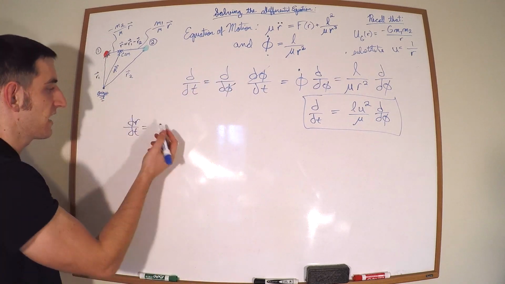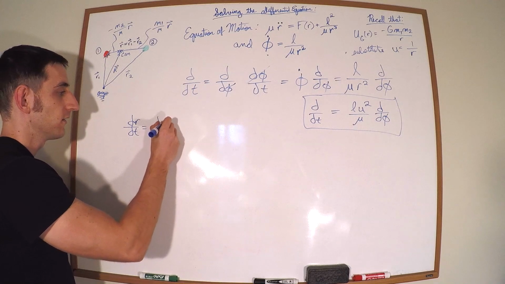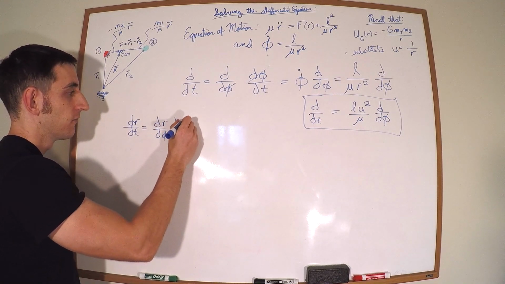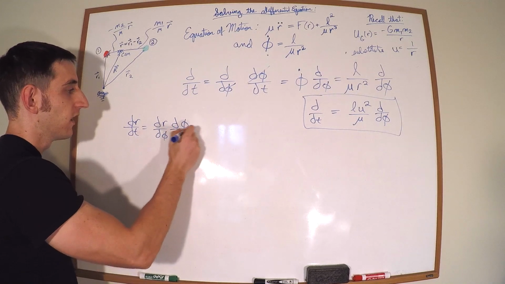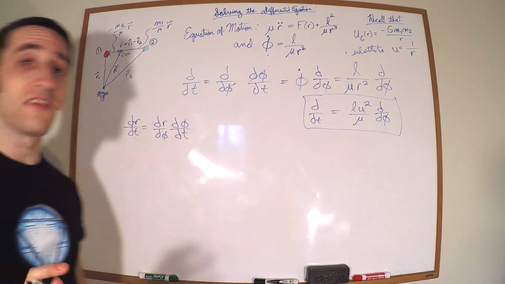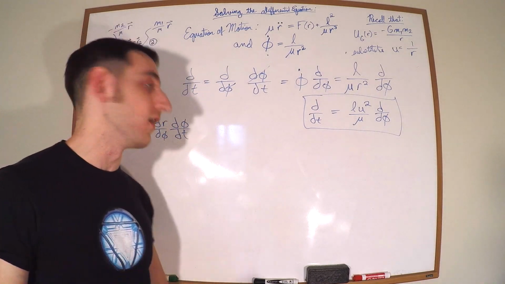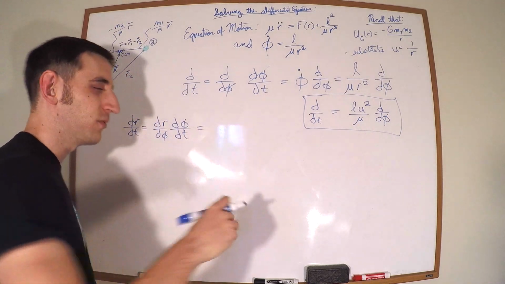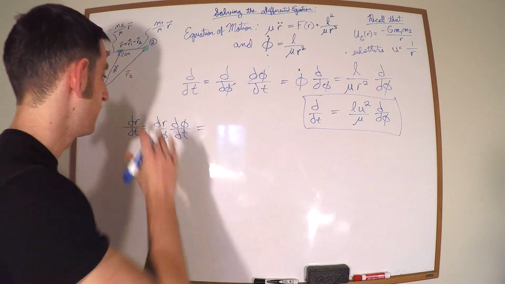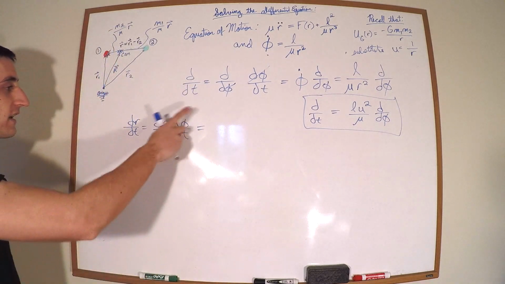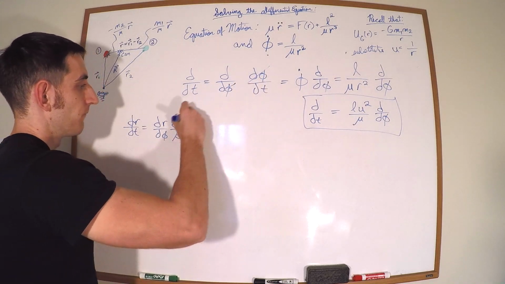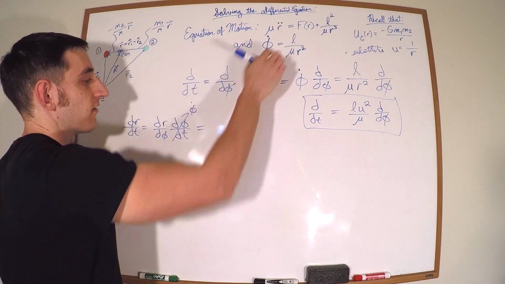So R is a function of phi, and phi is a function of time. So again, this is phi dot. I hope you guys don't hear that car alarm that's going off. Maybe I can edit that out of the video, but we're just going to ignore that and focus on the task at hand. So that's that guy, and phi dot is as follows.